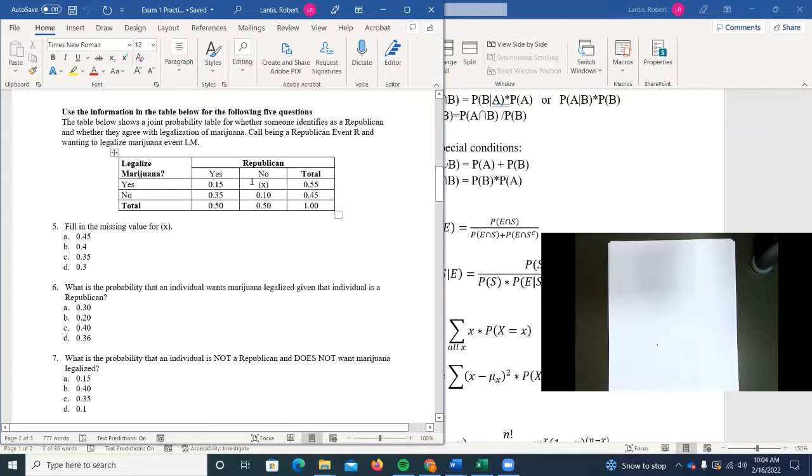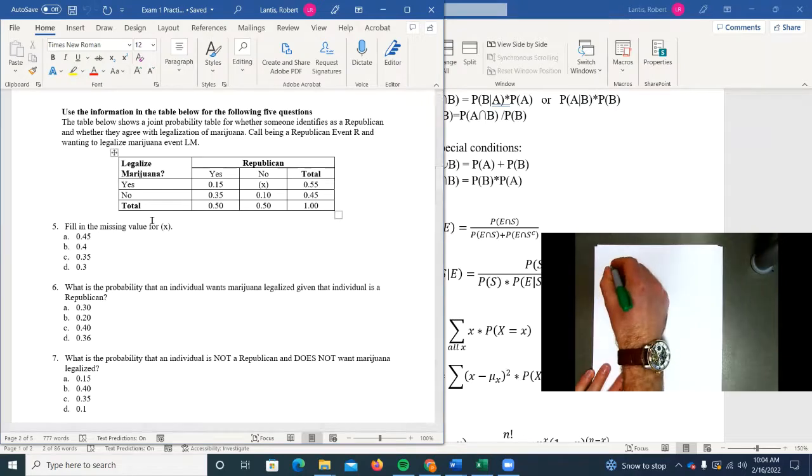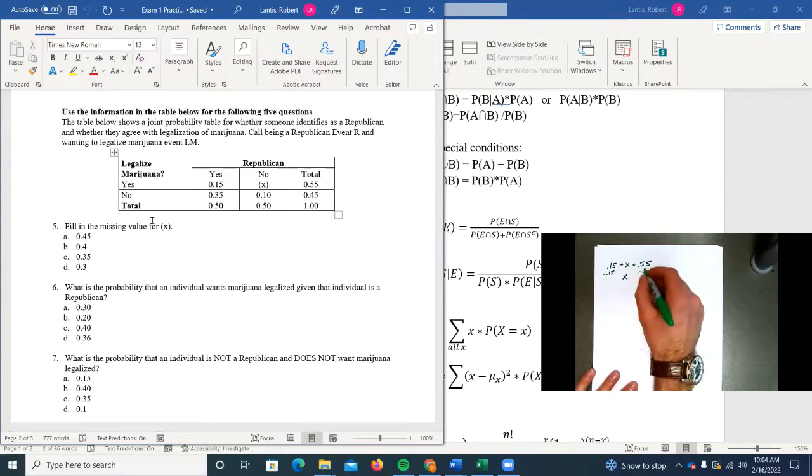So here, I know that 0.15 plus X is going to be equal to 0.55. This should be fairly simple math. We'll just subtract 0.15 from both sides, and we're left with 0.40. So that one should be relatively easy.